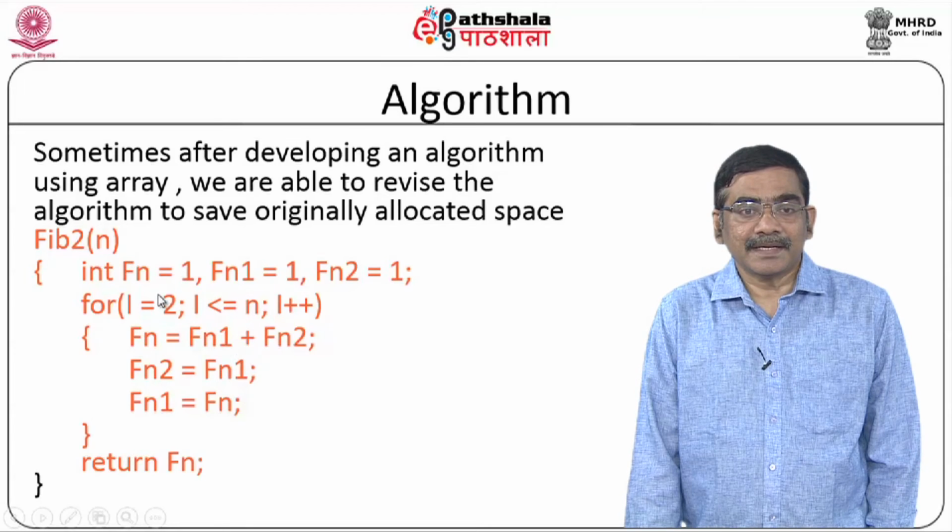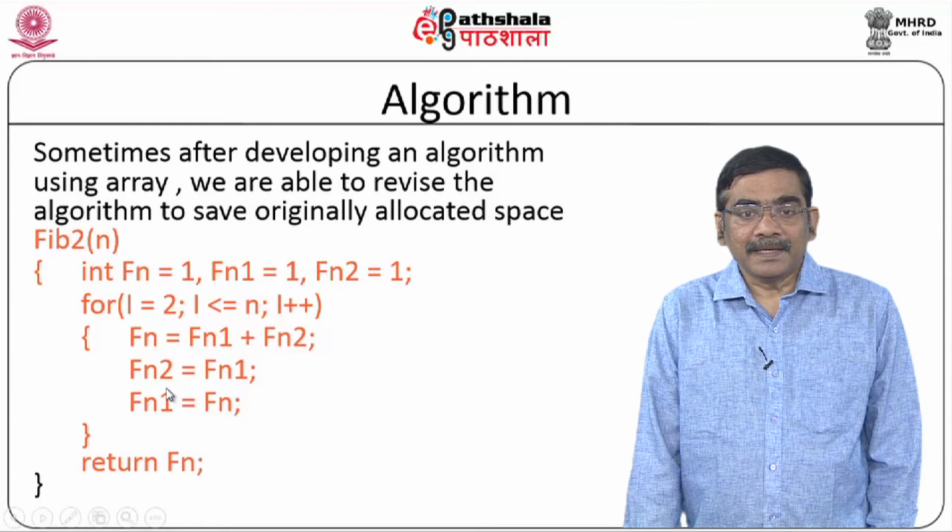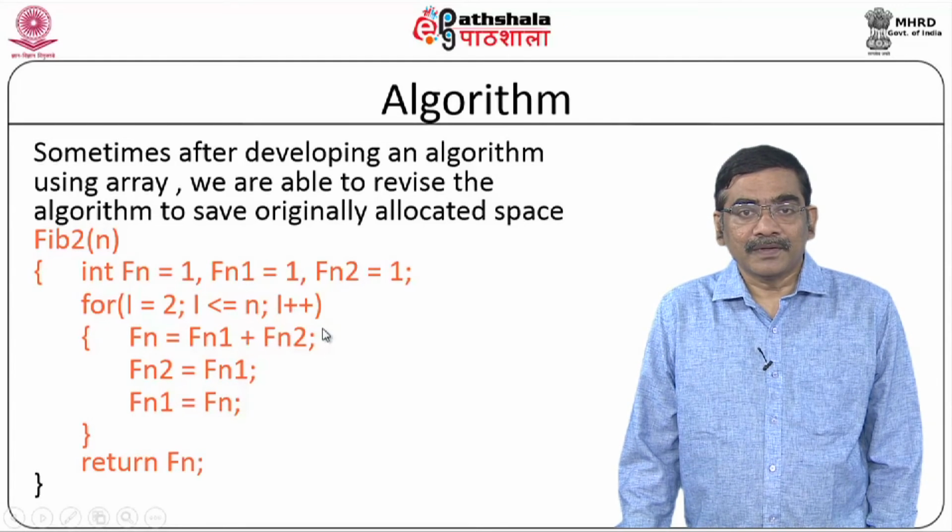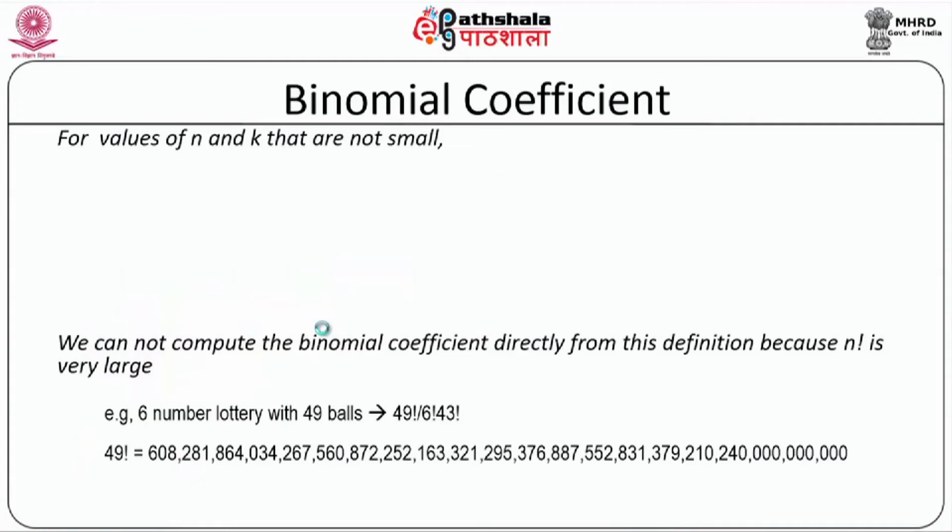I start with a loop where I compute f of n as the sum of f of n minus 1 and f of n minus 2, and I simply reassign the variables so that even the space is not wasted. So, in short, this algorithm is far better than the exponential algorithm designed by the divide and conquer approach.